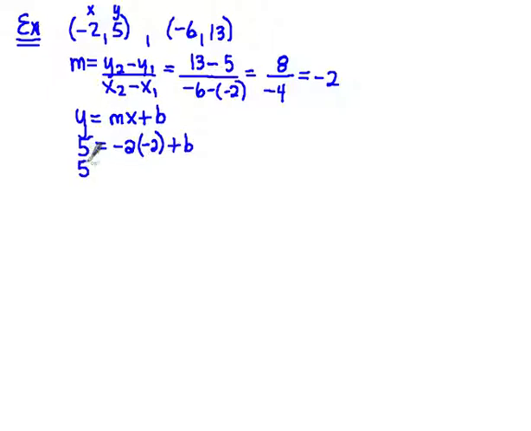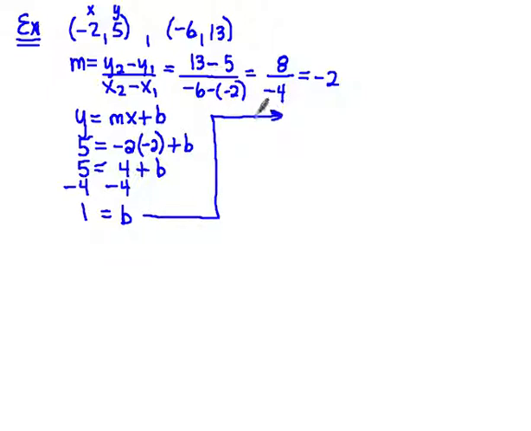So I have 5 equals negative 2 times negative 2 is 4 plus b. Now I'm going to subtract 4 from both sides. And I get b equals 1. Finish it up. And I have y equals negative 2x plus 1.